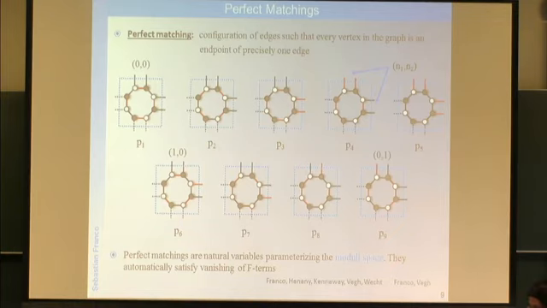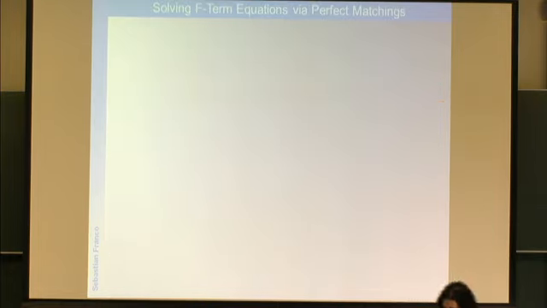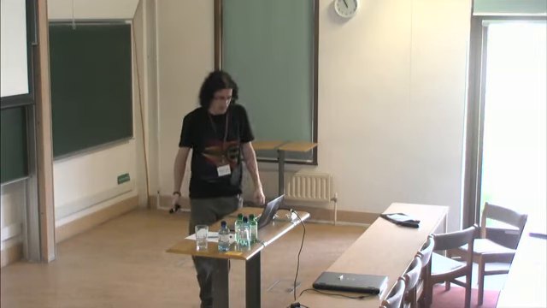Of course it will be much more than that, and I'm not going to discuss it today, but these things also make it possible to go from geometry to quantum field theory. So why were perfect matchings even mentioned here? Because they can solve the F-term equations very easily. This was the most difficult part of solving for the moduli space of these quantum field theories, or at least solving them in a useful way.